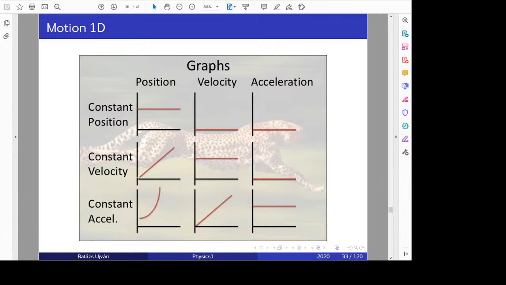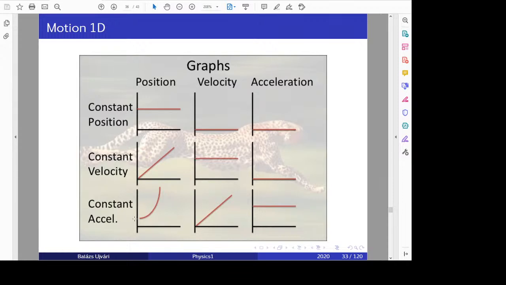Constant velocity means the graph of your motion is a straight line. If you calculate the slope by deriving, for example, the function of x(t), you can have the velocity, but since the velocity does not change, the acceleration will be zero.